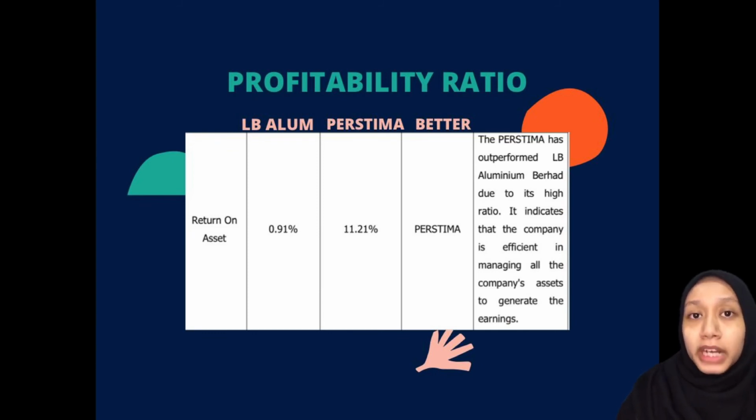LB Aluminium Berhad gets 0.91% for the return on assets, while Perstima gets 11.21%. So, in this case, Perstima has outperformed LB Aluminium Berhad due to its high ratio. It indicates that the company is efficient in managing all the assets to generate the earnings.